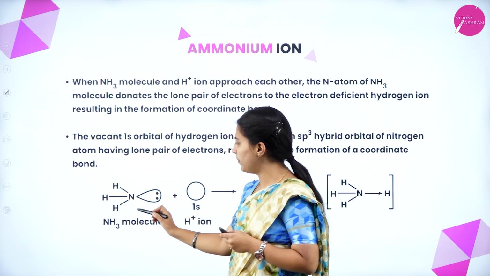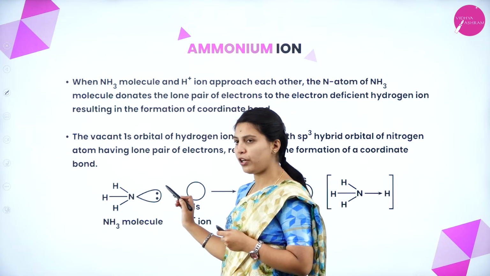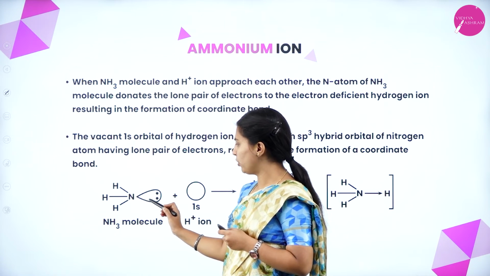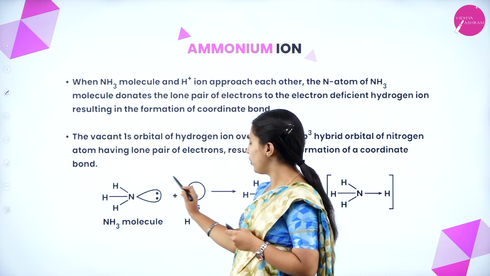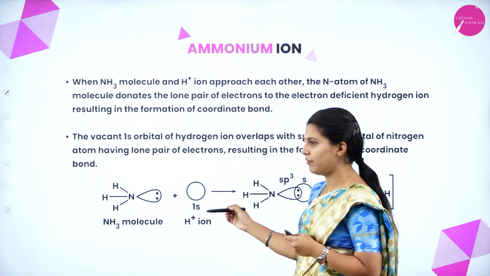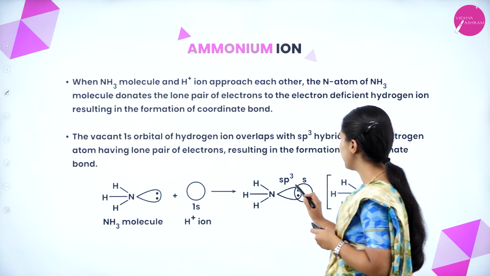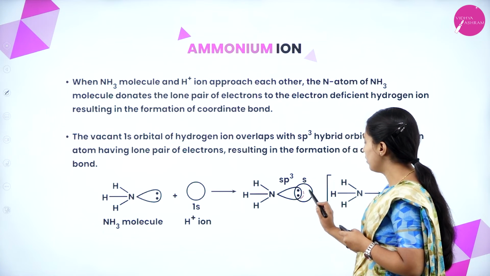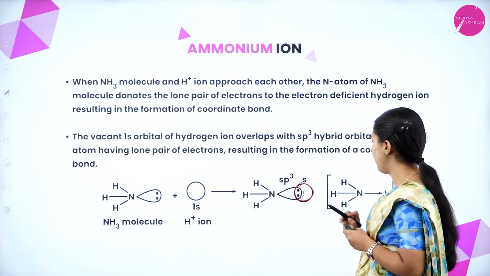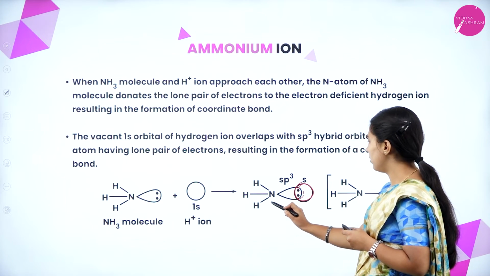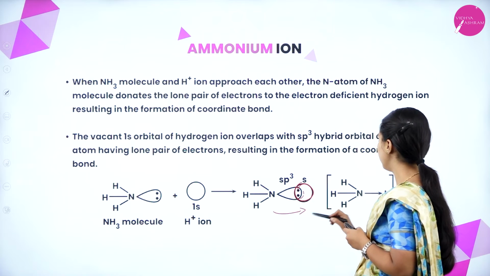Here in ammonia, this is the structure of ammonia. Here lone pair of electrons is present. In nitrogen, it will donate towards the 1s of hydrogen which is electron deficient. What will form? Here, it will donate to here and this is H, it will form a bond. It is donating to hydrogen, so it is a dative bond.